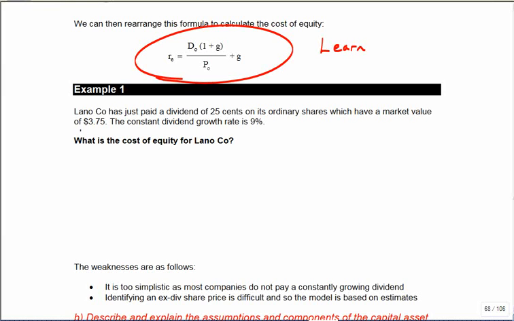So that 3.75 must be the price excluding the current dividend, which is exactly what we wanted. We said P0 was the ex-div price. The constant dividend growth rate, it's constant, which is important for this formula, is 9%. And what is the cost of equity for Lane & Co?